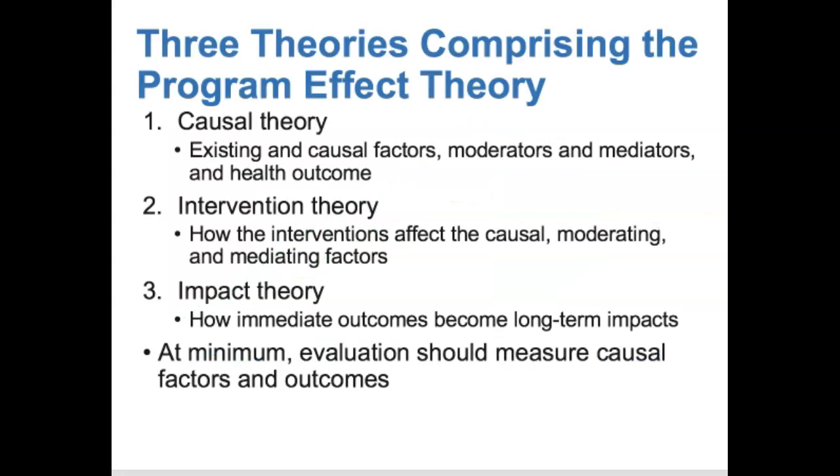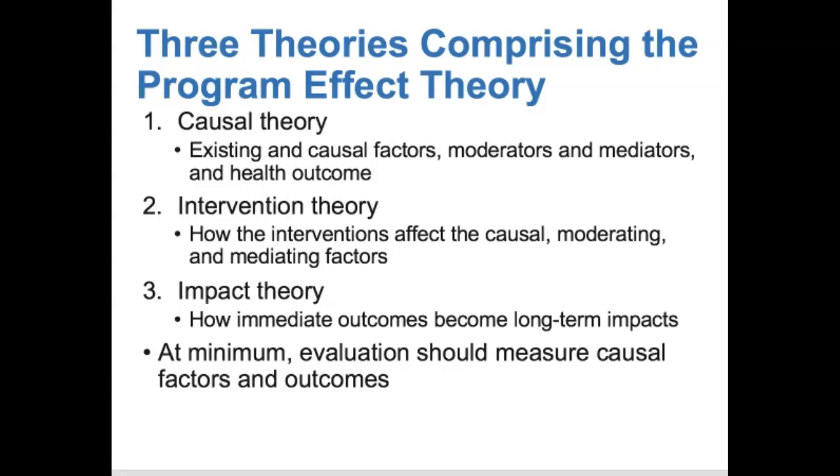Here are the three theories which make up the program effect theory. The first is the causal theory, which explains the relationships among existing factors, the main causal factors of the relationship between the health outcome and the exposure, as well as moderators and mediators of the relationship.